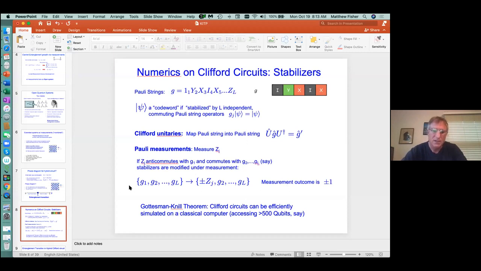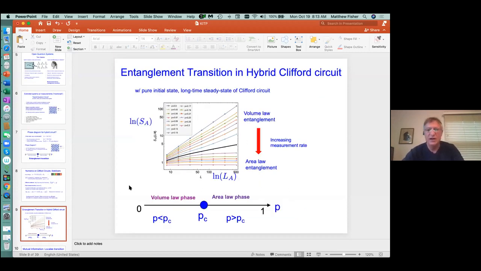Okay, so now what I want to describe are some numerics for a hybrid Clifford circuit where the unitary is taken from the random 2-qubit Clifford group and the measurements of the Z component of spin are scattered in with probability, measurement frequency P. In the long time steady state, what's shown here is the entanglement entropy S sub A as a function of the subsystem size L sub A. And what one finds is a phase transition.